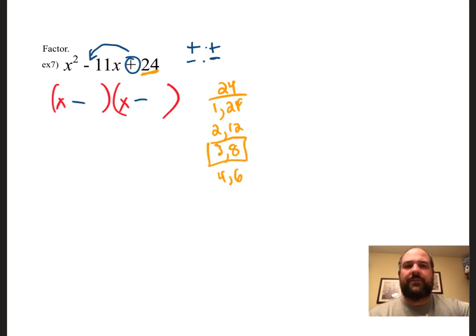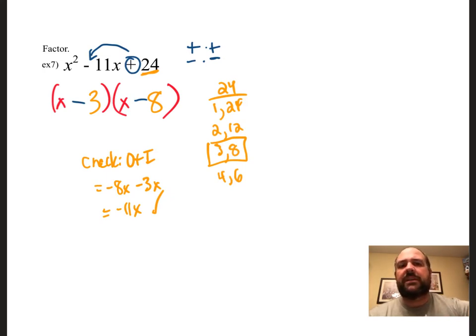And it doesn't matter if you put the 3 first or the 8 first. When I check, the outside plus the inside, that's going to give me negative 8x and negative 3x, which is negative 11x. It worked out. There is our final answer, x minus 3 times x minus 8.